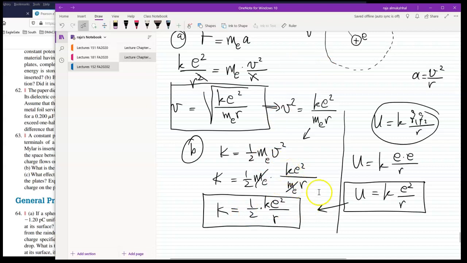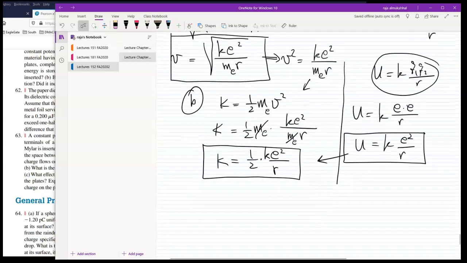Now compare this with this. What do you see? I'm going to use a different color. It's not working with me. Yeah, there we go. Okay, so this right there is exactly equal to this.